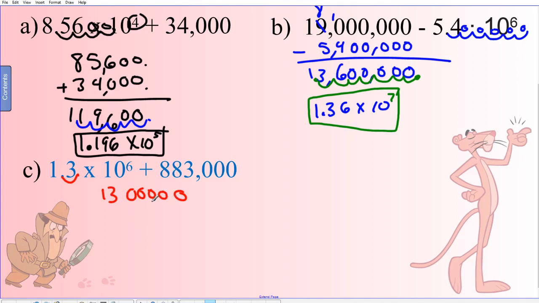This guy, if I throw my commas in here, helps me line everything up. Because then I know this first comma lines up with here. So I'm going to have 0, 0, 0, comma, 8, 8, 3. And when you're adding up, 0, 0, 0, comma, 3, 8, 8 plus 3 is 11, carry your 1, 2.